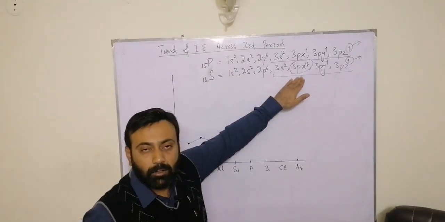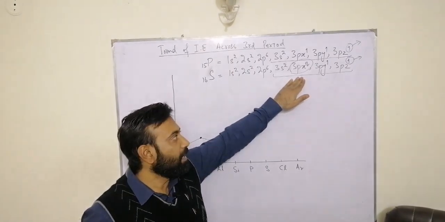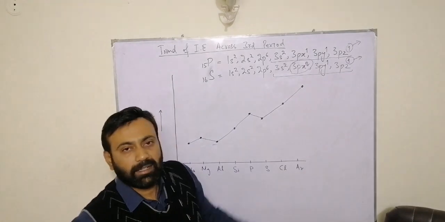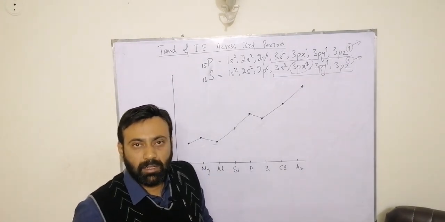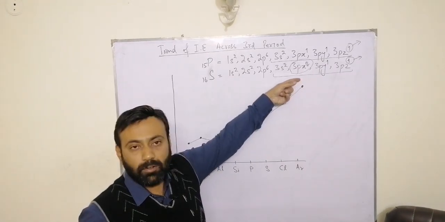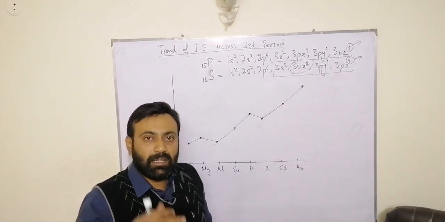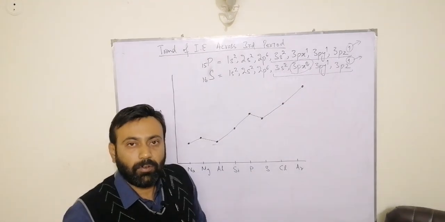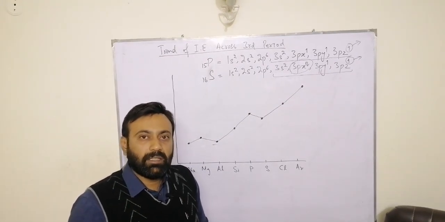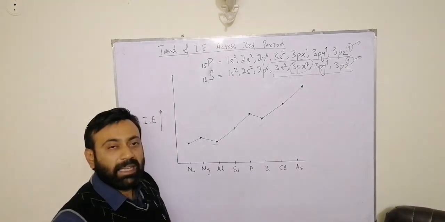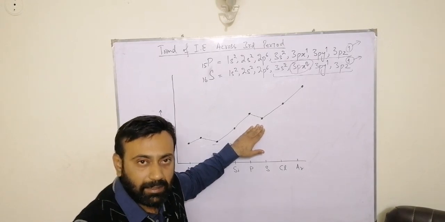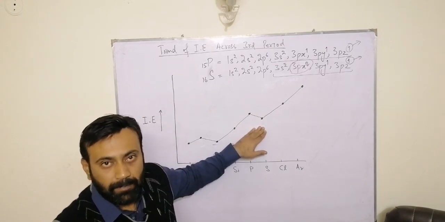But the outermost subshell of the sulfur atom is neither completely filled nor half filled. It has 4 electrons, so it is unstable. So the amount of energy required to remove an electron from this subshell would be a little smaller as compared to that of phosphorus. So these are the 2 minor factors which combine together to work against the major factors, and the ionization energy of sulfur is a little less than that of phosphorus.